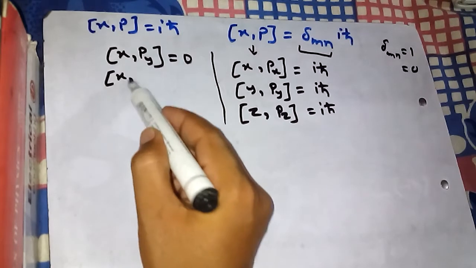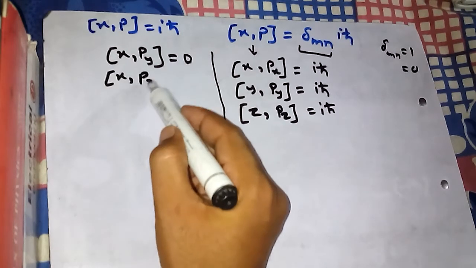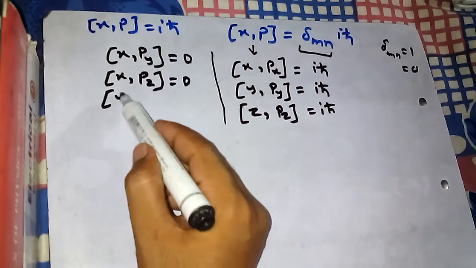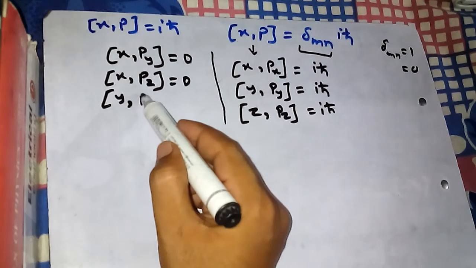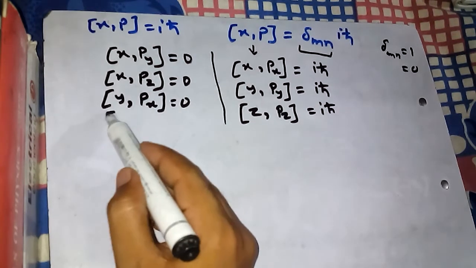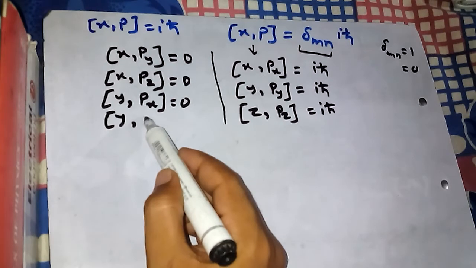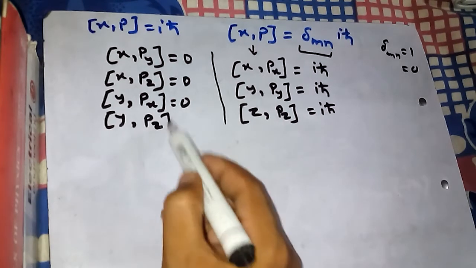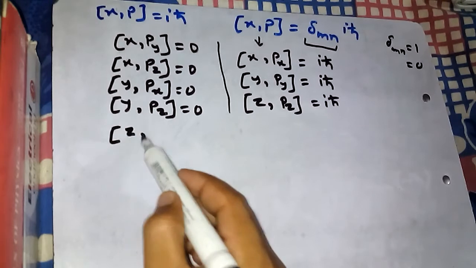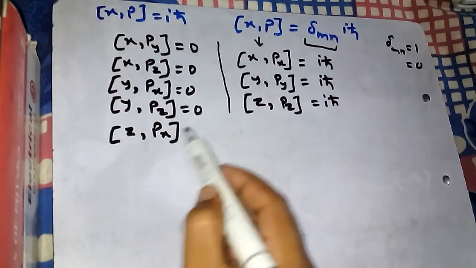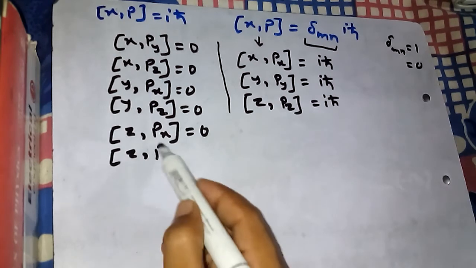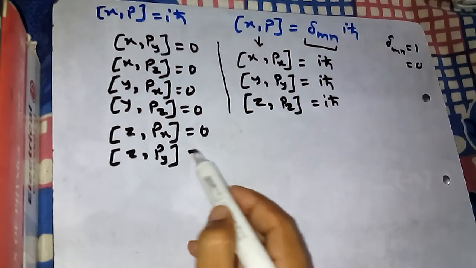Similarly, if we have x component of position and z component of momentum, it will be 0. Similarly, y component of position and x component of momentum will give us 0, and y component of position, z component of momentum will give us 0. Similarly, z component of position and x component of momentum will give us 0, and z component of position and y component of momentum will give us 0.